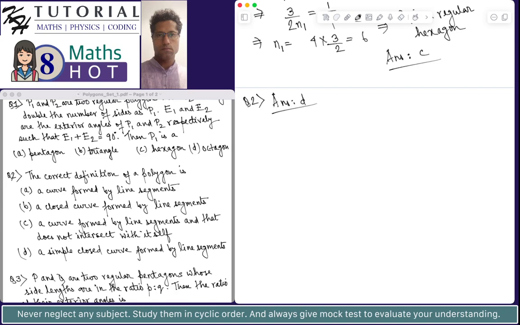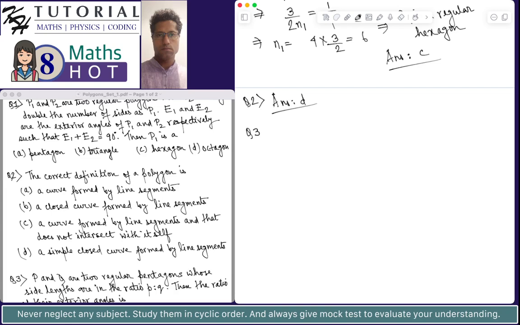No, that closed curve has to be simple, that is, it should not intersect with itself. Choice C says a curve formed by line segments and that does not intersect with itself. That is fine, but the curve should be closed. Simply saying a curve, we do not know whether it will be open or closed, but a polygon is always a closed curve. So choice D is the correct definition of a polygon.